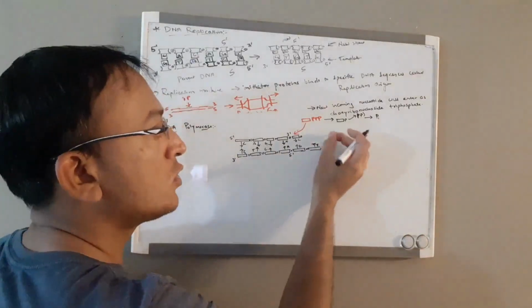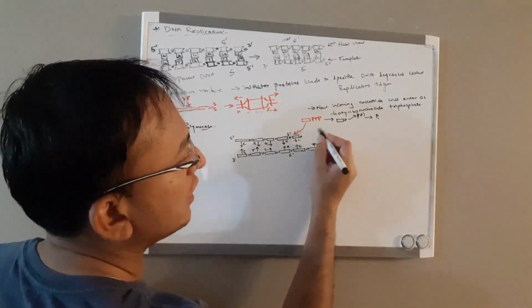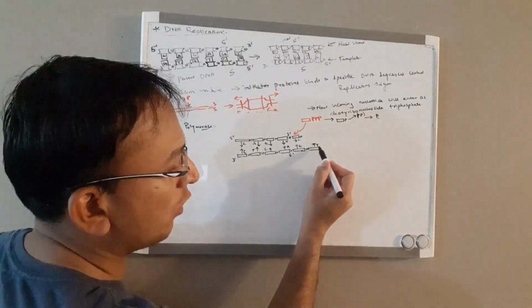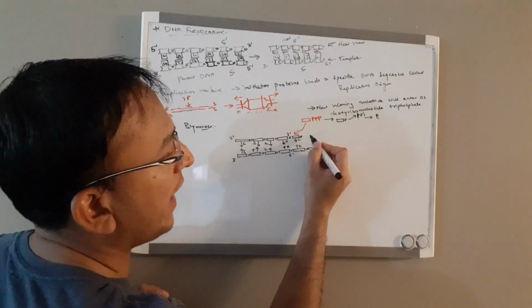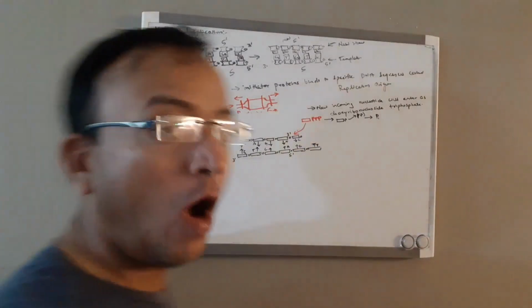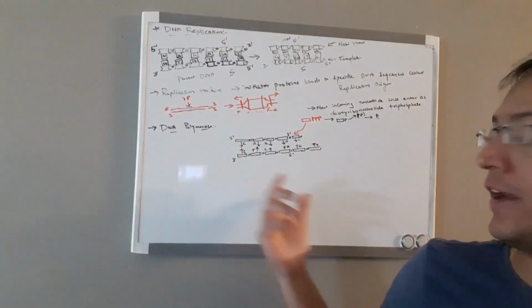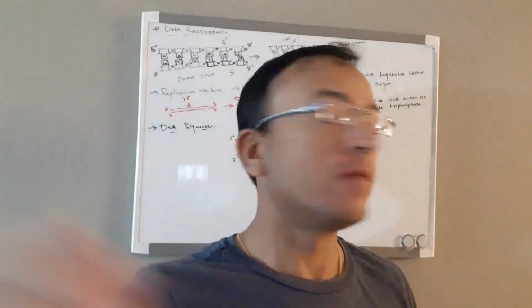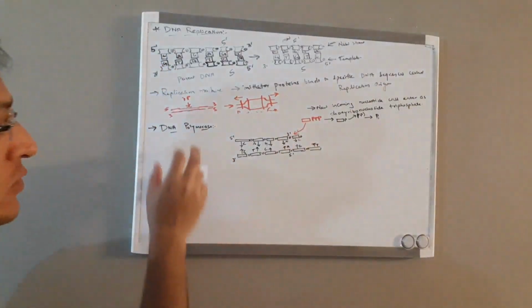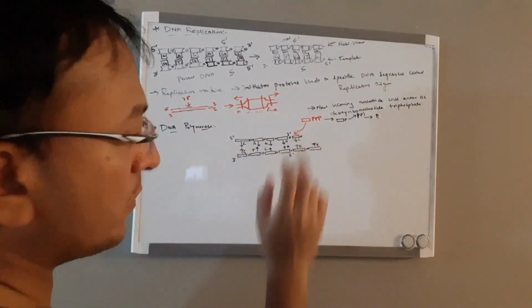For example, here is T, so whenever the new nucleotide is coming, the DNA polymerase will see, okay, we have T, so now we have to put A to match the other strand of the DNA. This is what happens. So DNA polymerase is responsible.